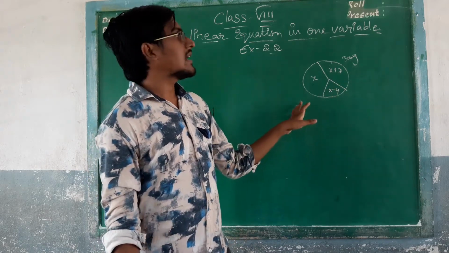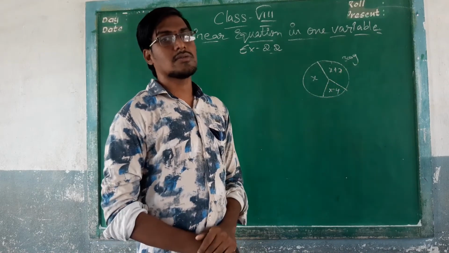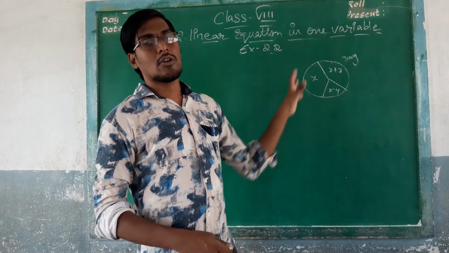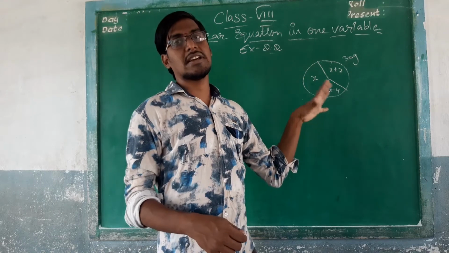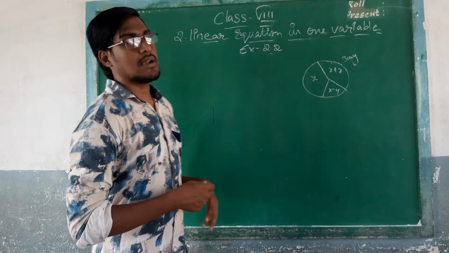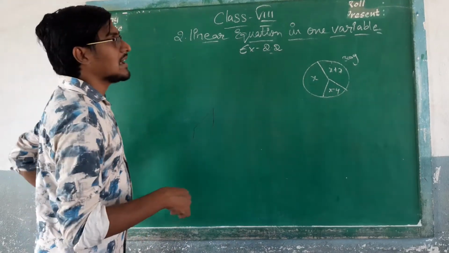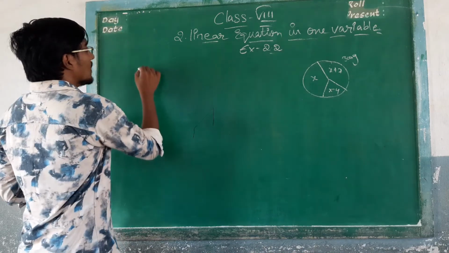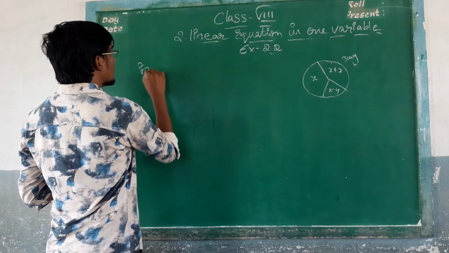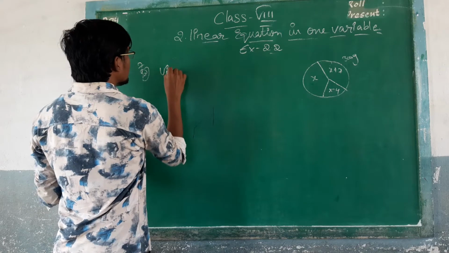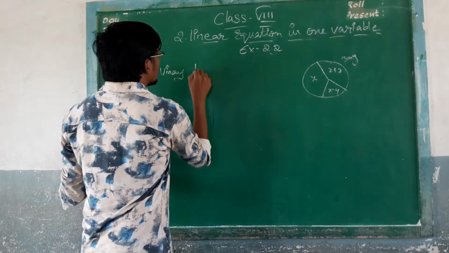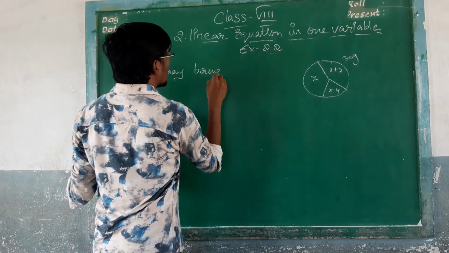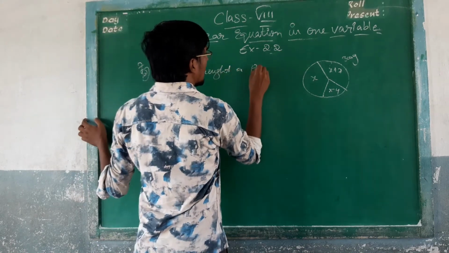We have to calculate the x value and the weights of the total pieces that Vinay has got. Okay, so the 7th sum solution. Vinay brought a pizza.